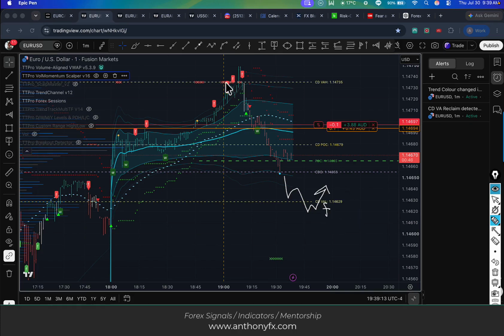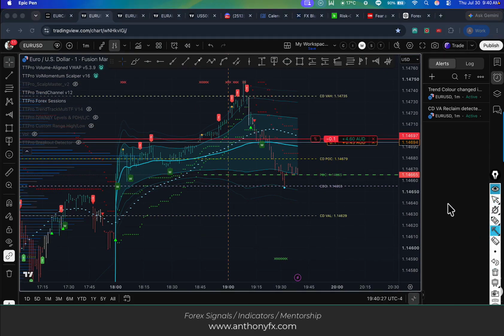That's what that is. As the volume profile levels develop and move with price, we get that fade. So the volume profile high would have been here back then. Fade back into the value area high, low. That's what we want.